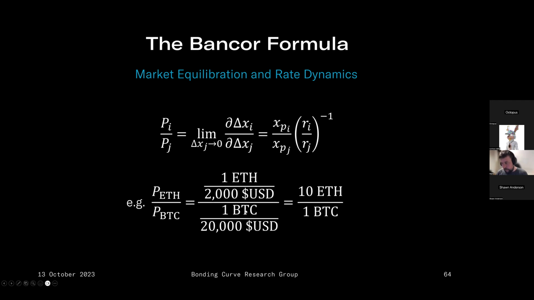And you can see here why I've chosen to quote the price the way that I have. So rather than the price of ETH be 2,000, letting it be 1 over 2,000 means that it's much easier to work with these fractions without having to remember when you're supposed to take the reciprocal of something. So here, we're trying to calculate how many ETH there are per BTC.